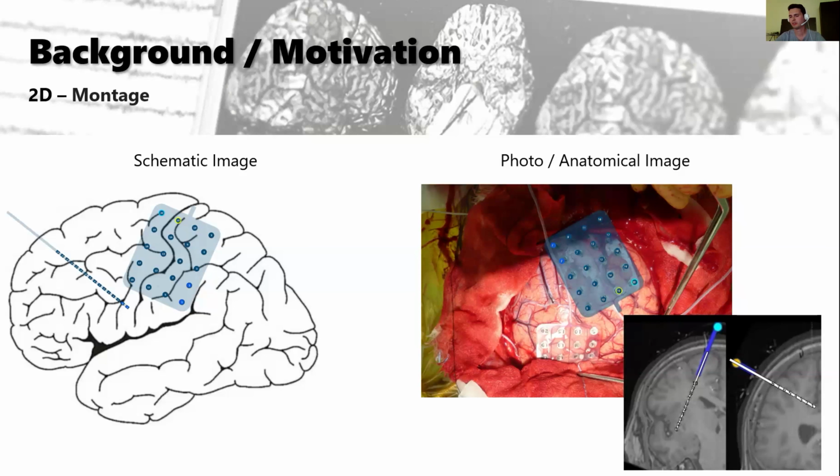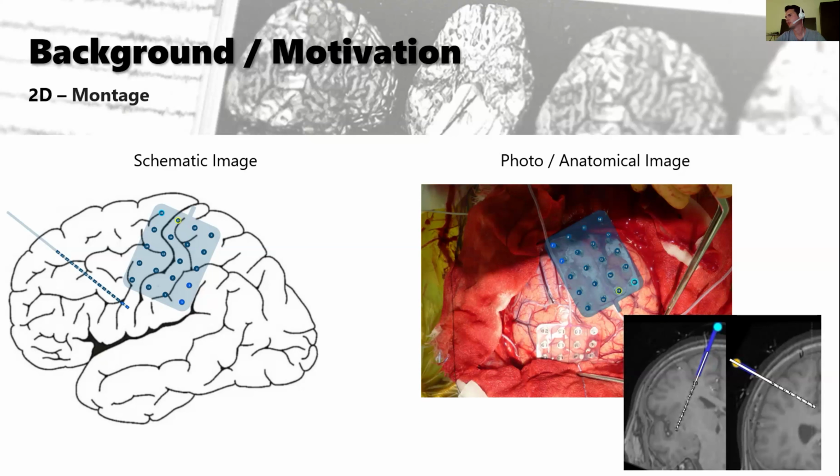So for example, when you do a wake surgery, you don't have, in many cases, other images available, just a photo. So you have to do that. Later on, I will show how to get a 3D montage if you only have a photo available.